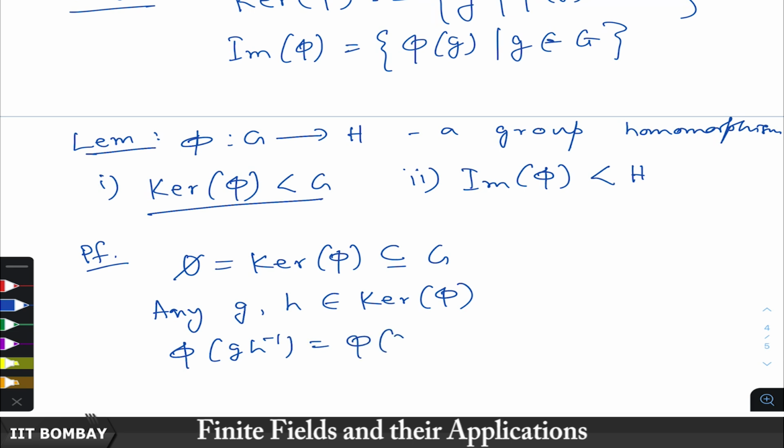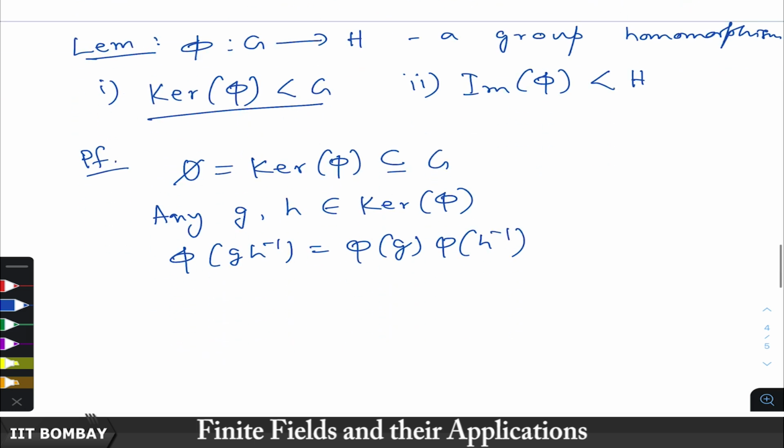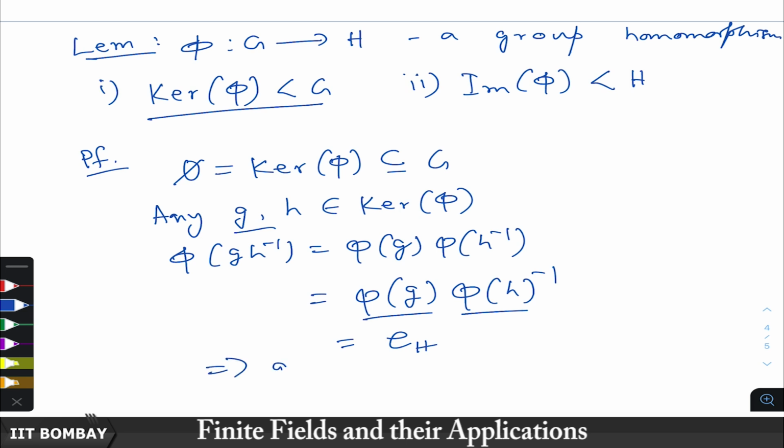This is phi of g times phi of h inverse, because it is a group homomorphism, and we know that phi of h inverse is the same as phi of h inverse. Now, what is phi of g? Because g is in the kernel, phi of g is the identity element. Similarly, phi of h is the identity element. So, this is the identity element in H, e_H, right. So, this means that g h inverse is in the kernel of phi.